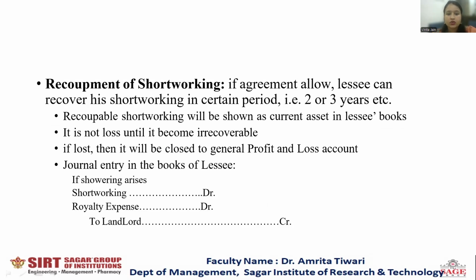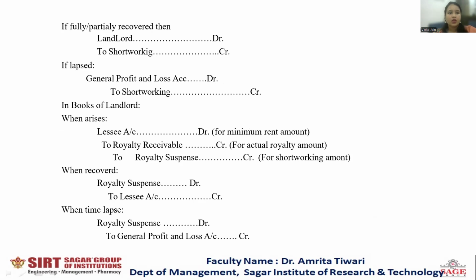General entries in the books of the lessee. When short working arises, royalty expense account is debited, short working is debited, and landlord account is credited. On recovery, the landlord account is debited and the short working is credited.